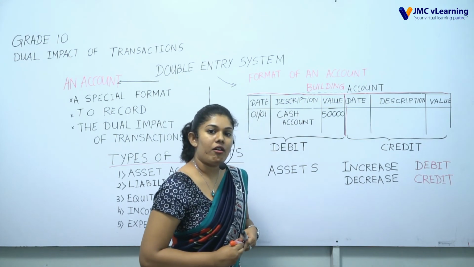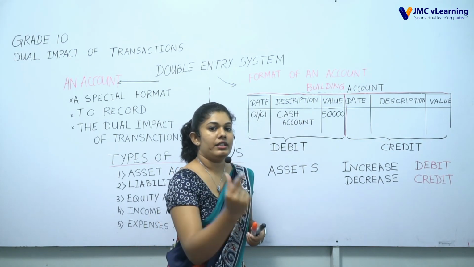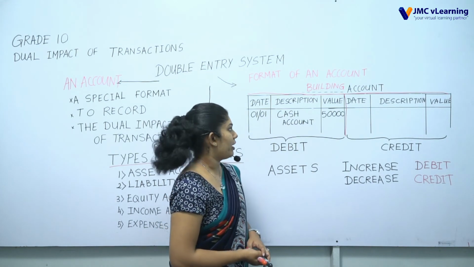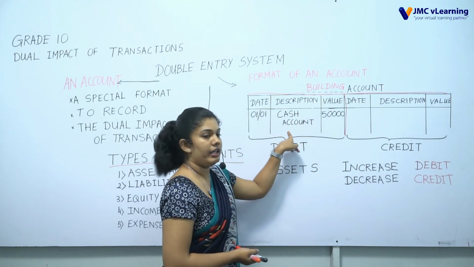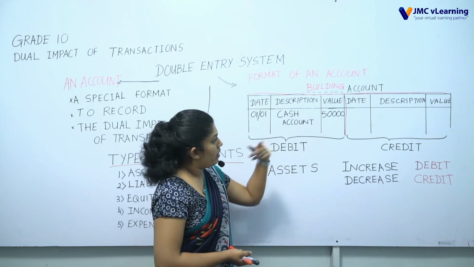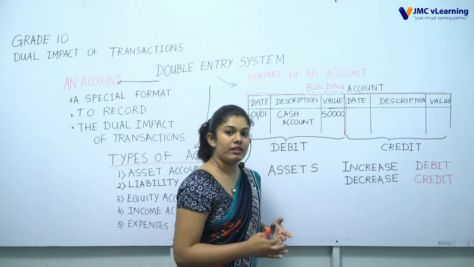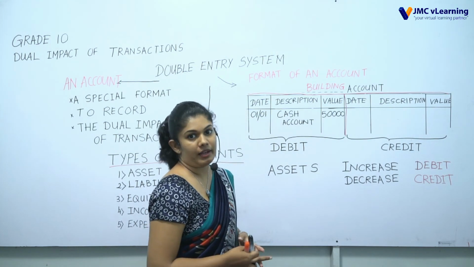That is why I recorded cash account in credit side. That means right side. I recorded building account in debit side, and when I went to the T account, I recorded cash transaction in right side, the credit side.